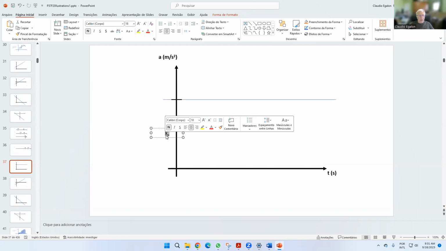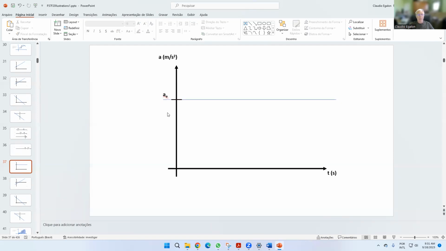And instead of A, we write A naught, to distinguish from A, right? Constant. Uniformly accelerated motion: acceleration is different from 0.